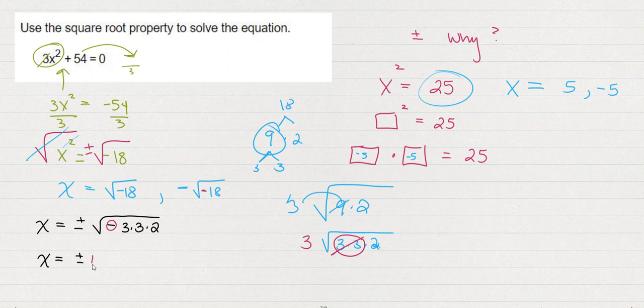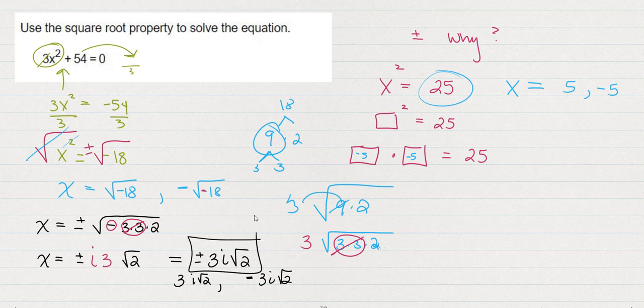This negative comes out as an i, and a pair of 3's comes out, and then what we're left with is the square root of 2. So the proper way to write this would be plus or minus 3i square root of 2. Or if it's necessary, you could write it as 3i square root of 2 comma negative 3i square root of 2. That's what that plus or minus means.